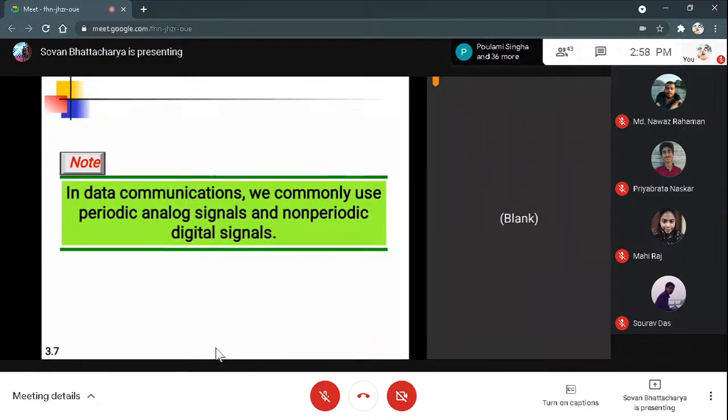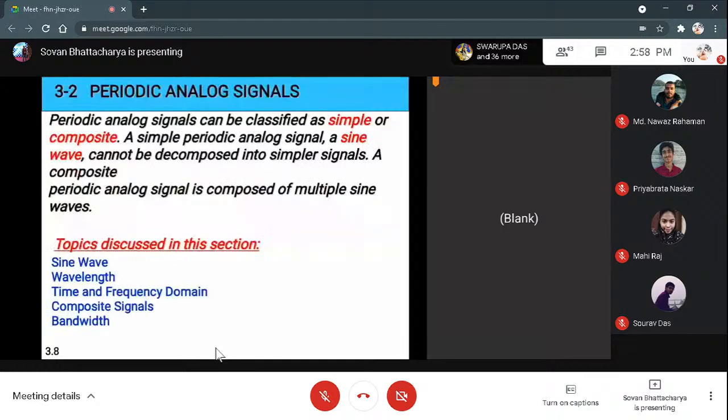If it is this same type, this is called periodic, and non-periodic means they have no sequence. First is the same signal, then again after 2 seconds the same signal, then again the next time slot there is the same wave repeated. If this happens, it is a periodic signal, and if it does not happen, that is a non-periodic signal. So up to this is clear, everyone?